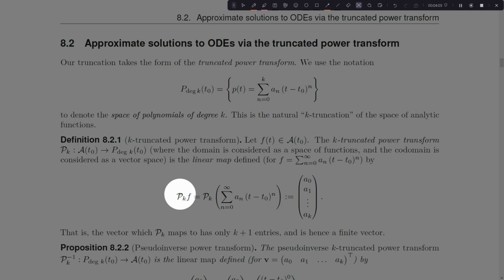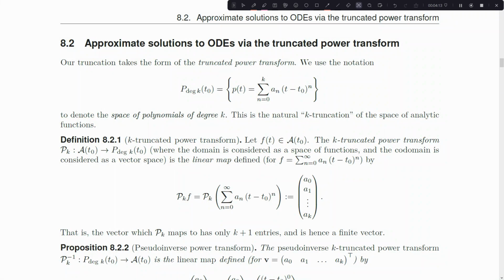I'm going to take an analytic function, which has its nice Taylor series representation, and I'm going to consider this as a vector, but I'm just going to stop it. So think about it as the first k plus 1 coefficients of the Taylor series for f.